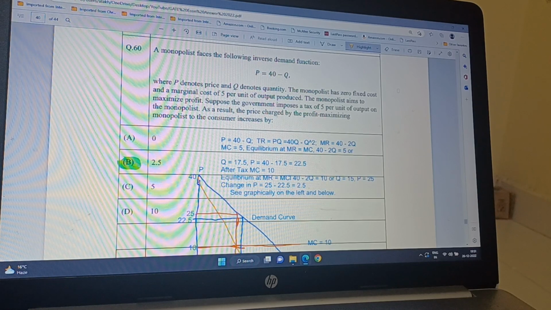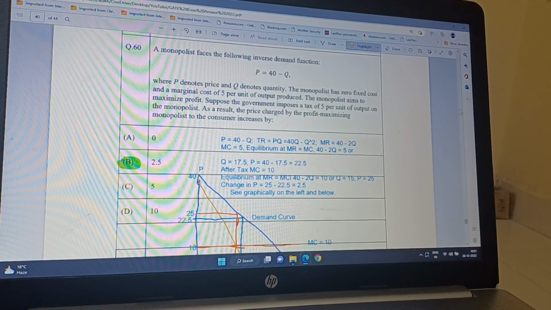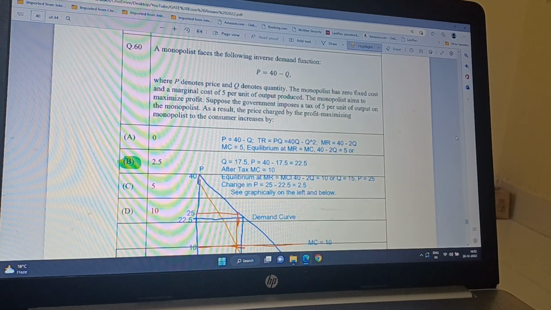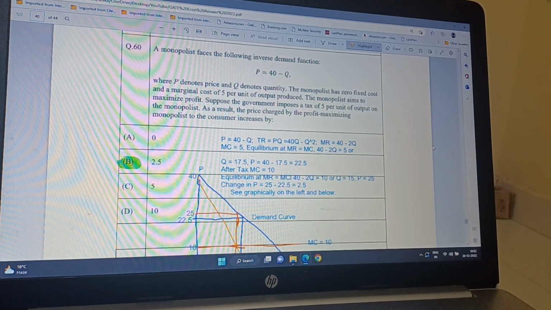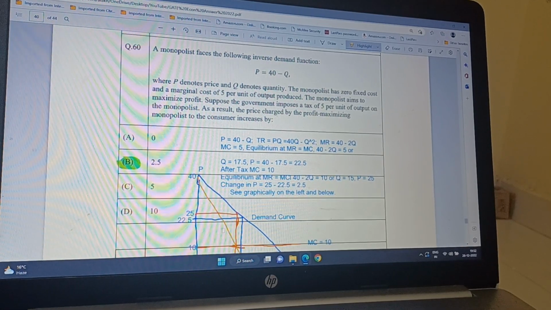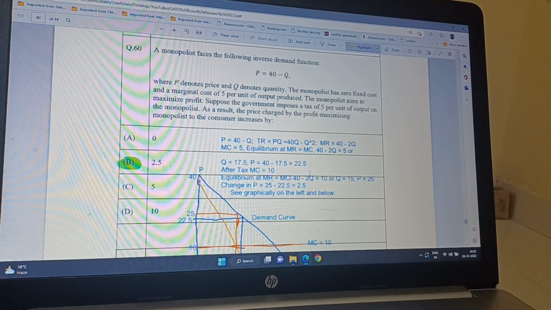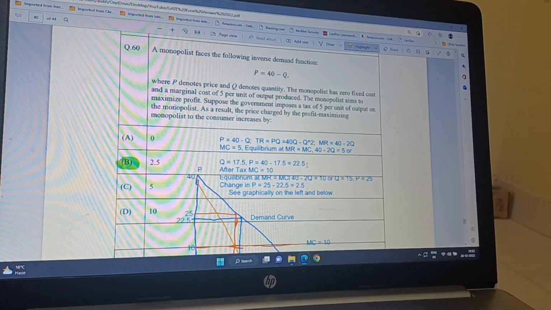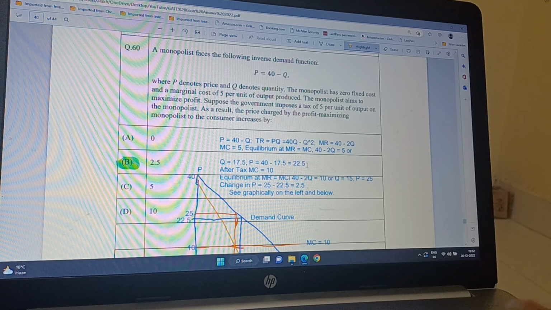Now equilibrium is where marginal cost is equal to marginal revenue. So 40 minus 2Q is equal to 5. This gives us, on calculation, Q is equal to 17.5, and P is 40 minus 17.5, which is equal to 22.5. So P is equal to 22.5 and Q is equal to 17.5.